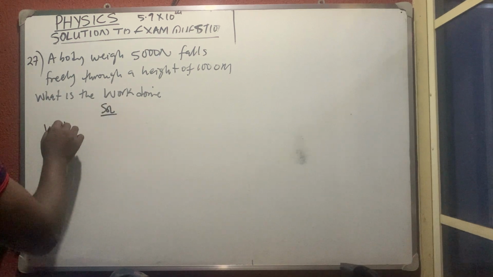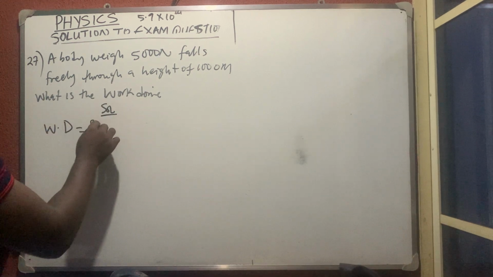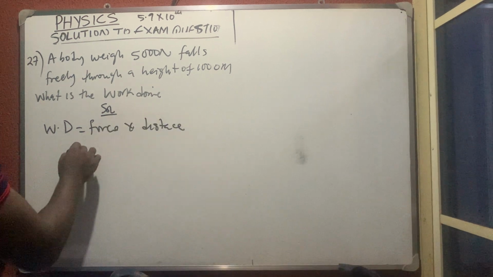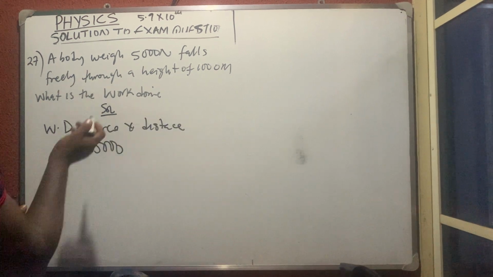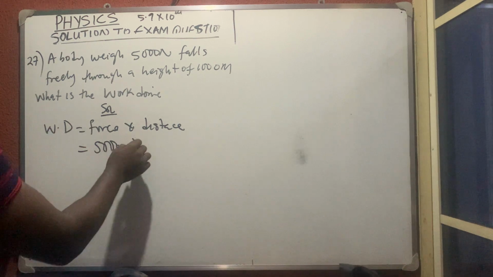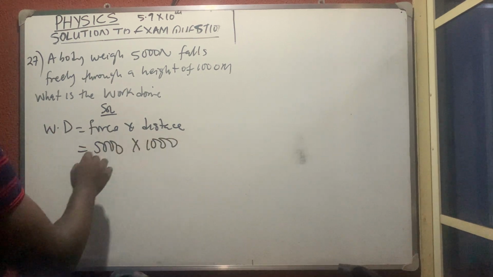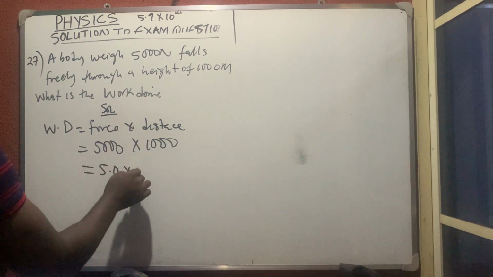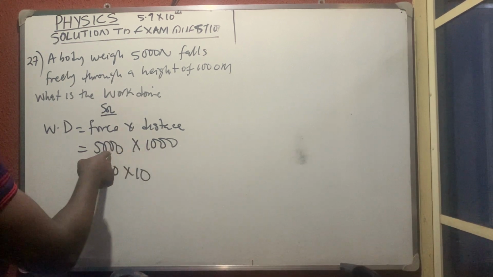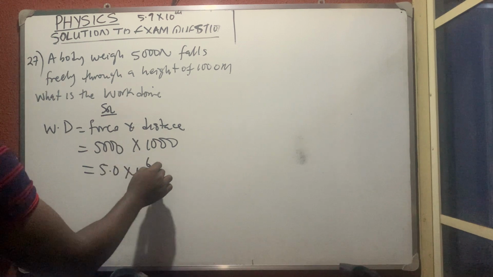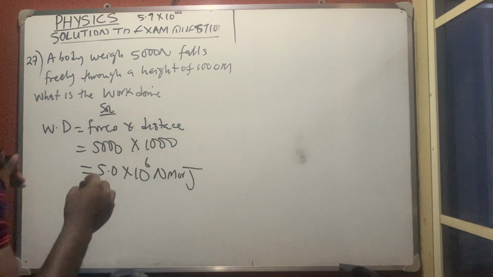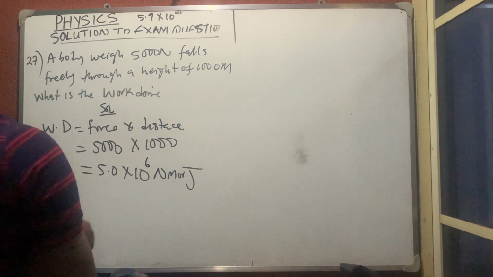Solution. The work done is simply force times the distance, which is 5,000. Force is measured in Newton, so force and weight are the same thing, times 1,000, which will give you 5.0 times 10 raised to 6, in Newton meters or joules.